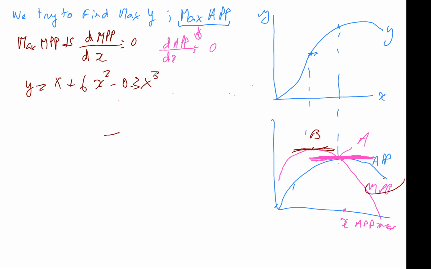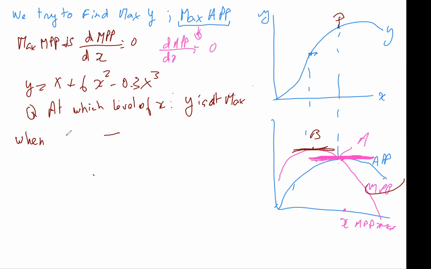And the question is, at which level of x is y at max? Then the answer is when the derivative of y is 0, when dy over dx equals 0.